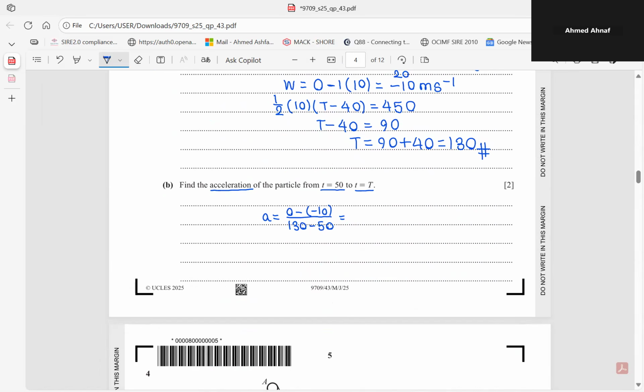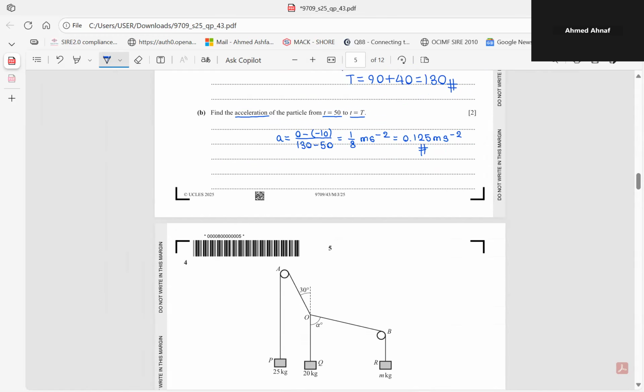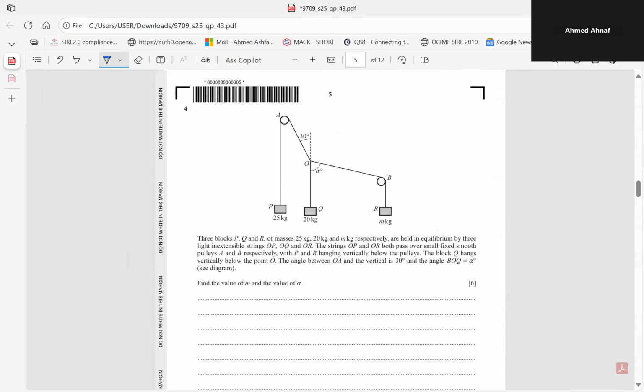So this would give you 10 over 130 minus 50, which is 1/8 meters per second squared, or in decimal, 0.125 meters per second squared. So this is our final answer for the second part, as well as the entire question. Let's head on to the next question.